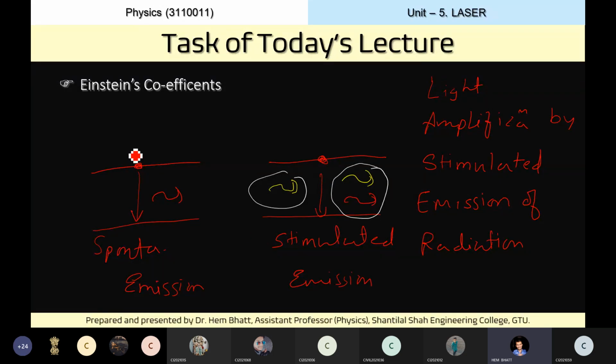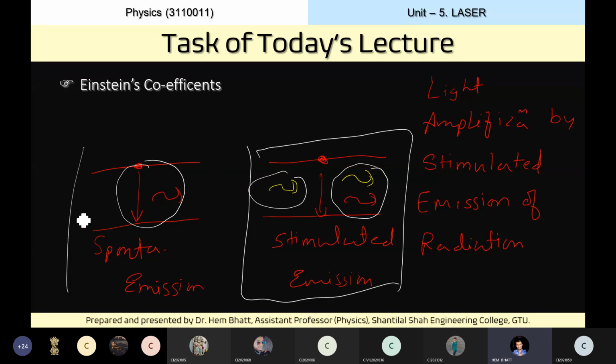ઇલેક્ટ્રોનને કેવી રીતે ખબર પડે કે એને મેળે મેળે ઉપરથી નીચે આવવાનું છે કે કોઈ ધક્કો મારે એની રાહ જોવાની છે? How do we know in which material you will have stimulated emission taking place, in which material spontaneous emission will occur?